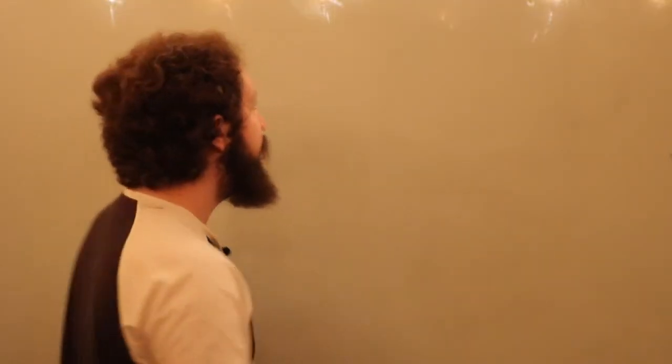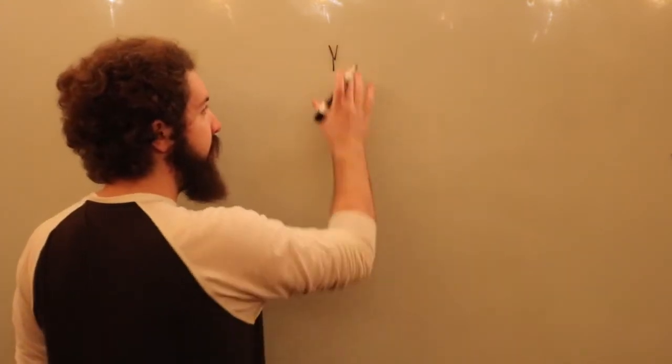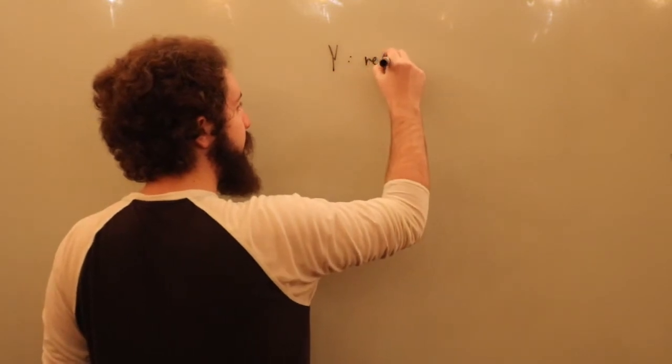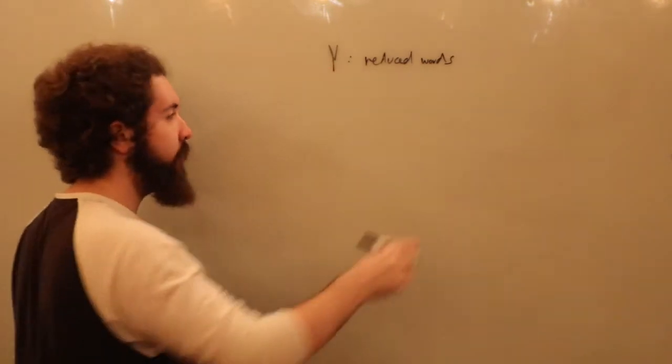Now, the way we're going to do this is we're going to take some set of reduced words on X, which we're going to call Y. Just some set of reduced words, not all reduced words, just any set.